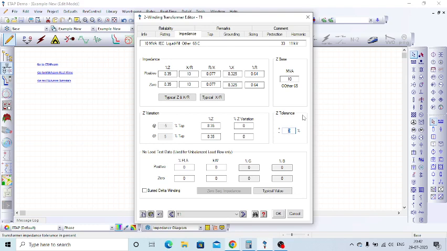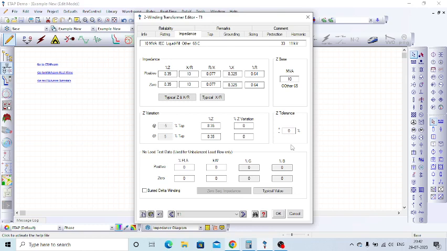So if we need to capture that impedance variation, what we do in general practice, in order to get the worst scenario, is consider the positive tolerance for the load flow analysis and negative tolerance for the short circuit analysis. So in the load flow analysis, we will consider the positive tolerance.